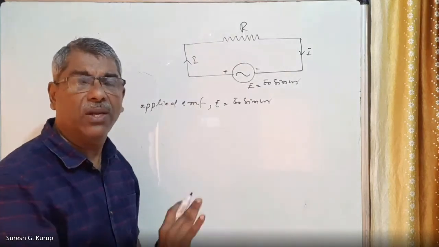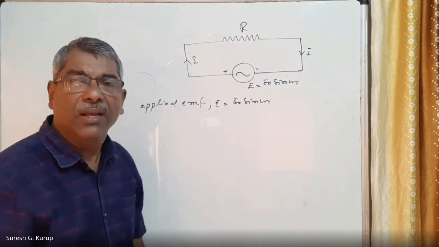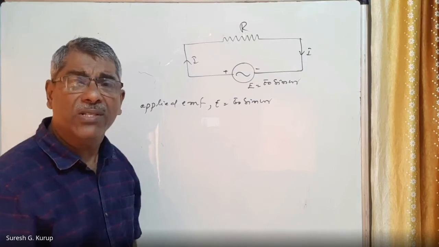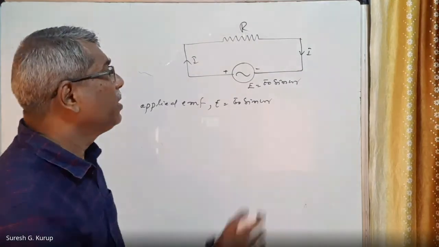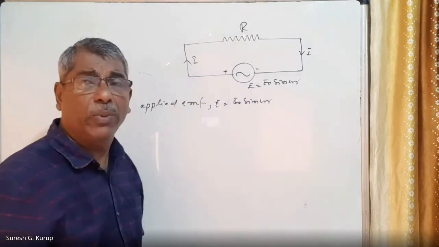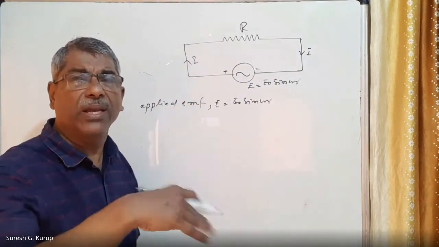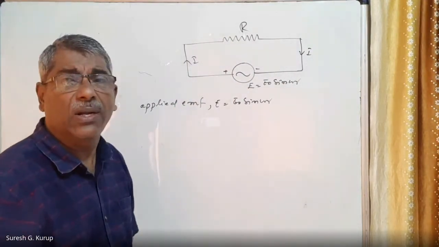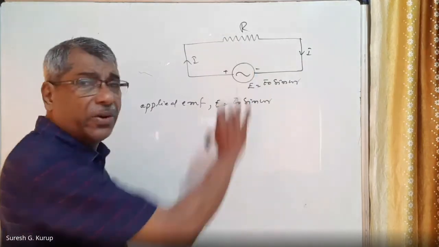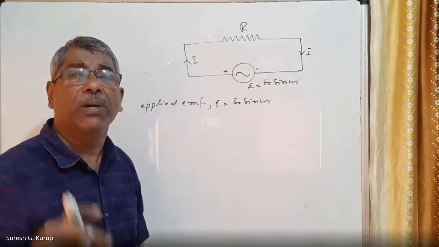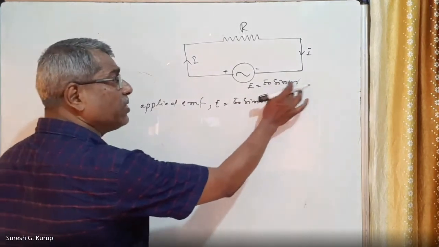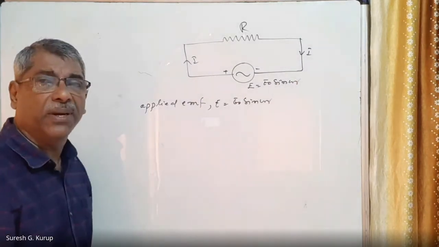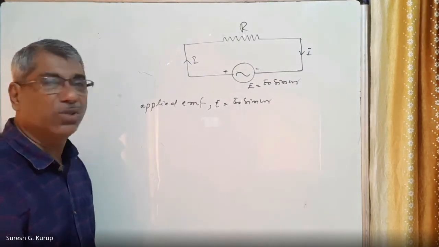A closed circuit carrying AC current is called an AC circuit. What is this AC circuit? It is an ohmic circuit, a pure resistance circuit. What is the applied EMF? The instantaneous EMF applied is given by E is equal to E0 sin omega t.